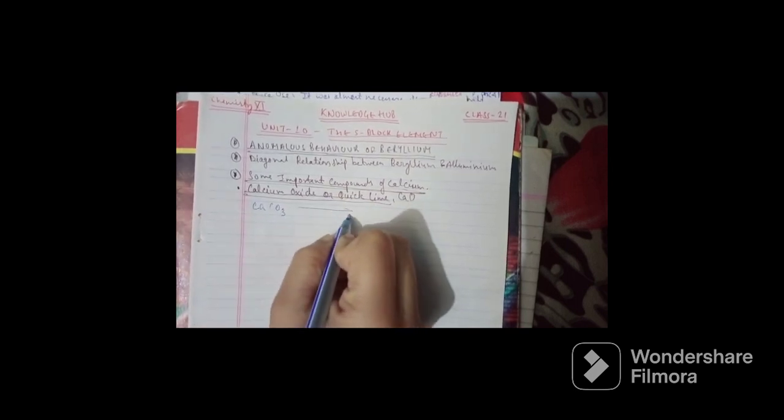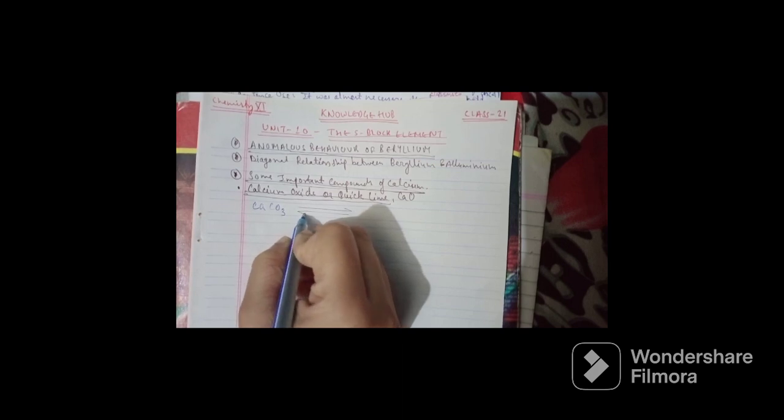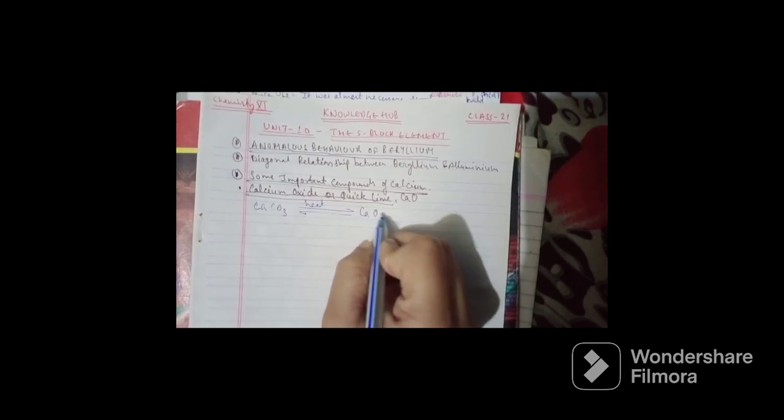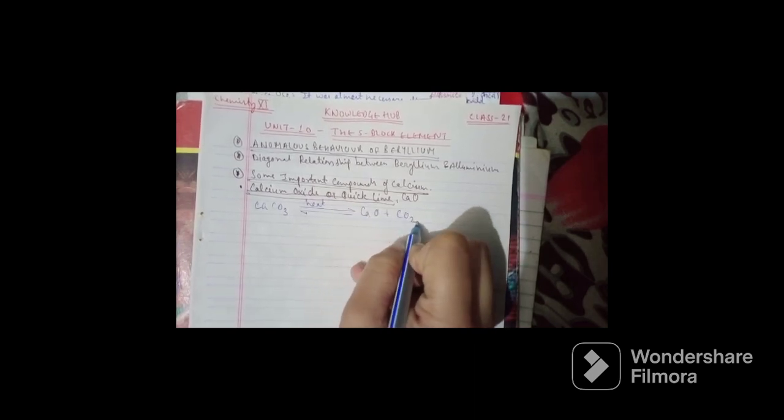CaCO3 on heating gives CaO plus CO2. The carbon dioxide is removed as soon as it is produced to enable the reaction to proceed to completion. Calcium oxide is a white amorphous solid.